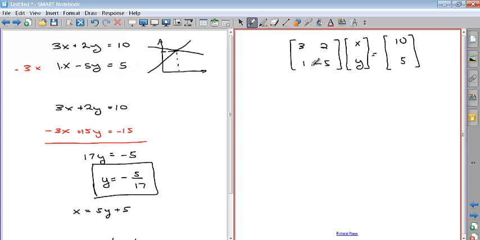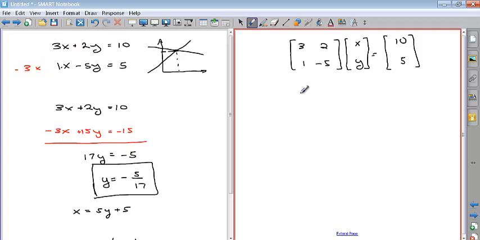And the way you do matrix multiplication is you take this 3 times x and 2 times y, and you add them together to get that, and that equals that value. And then you take 1 times x and negative 5 times y, and that equals 5. So it's just a shorthand way of representing the equation.